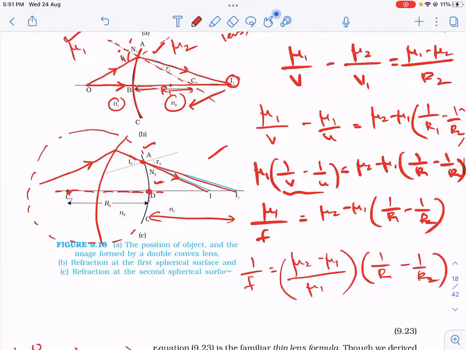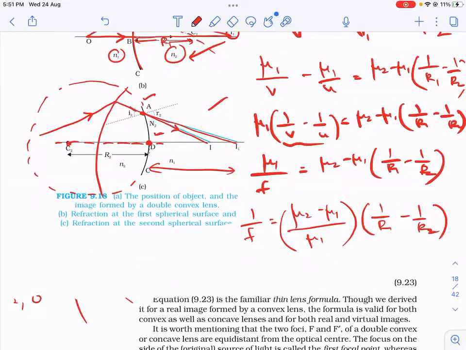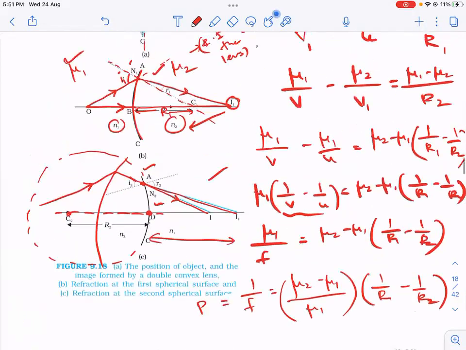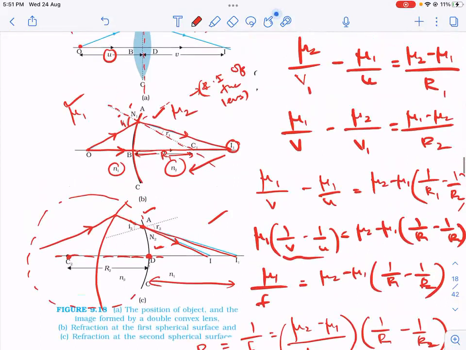Can I write it this way? Like how we said, 1 by f can also be power. 1 by f is power. That is what we got. But there is a minus sign. Look at the expressions. Which terms are getting cancelled?